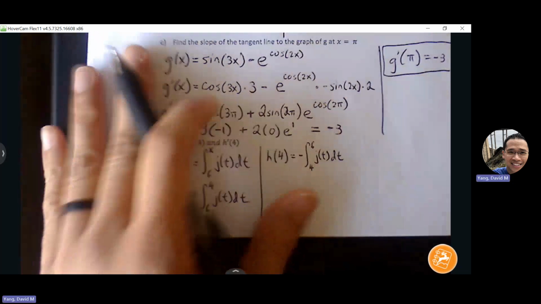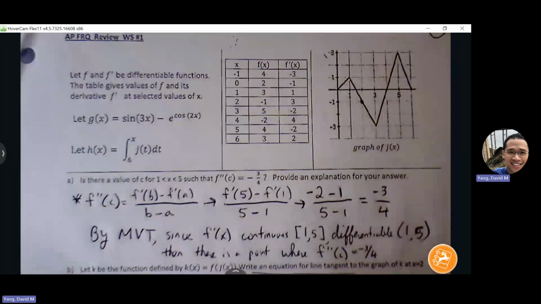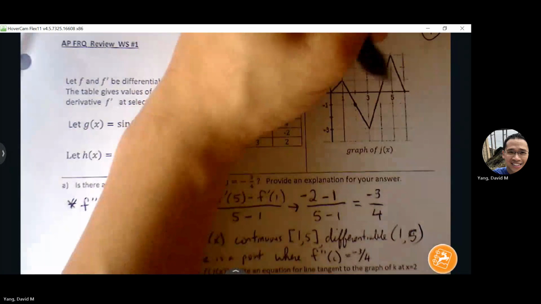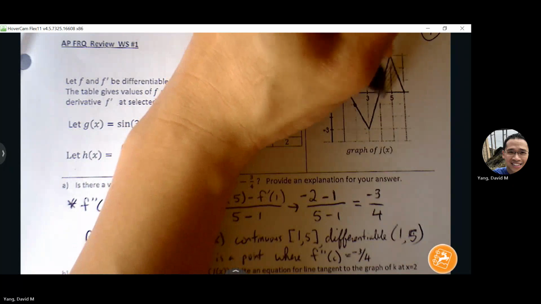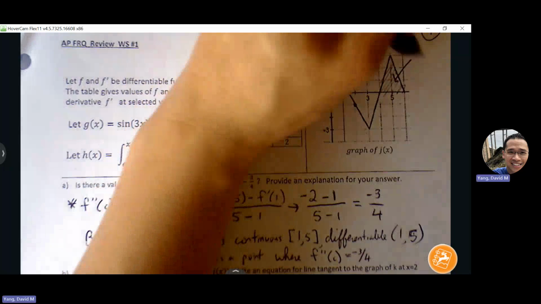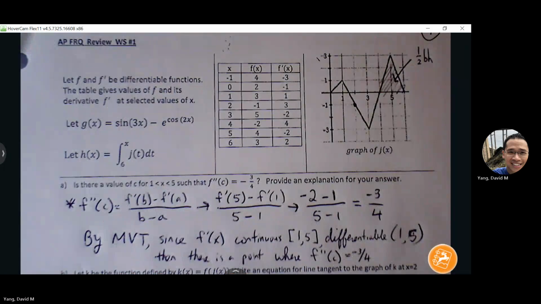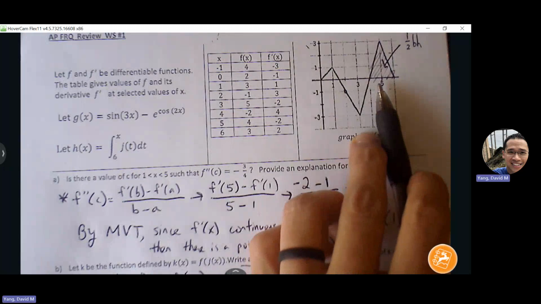Okay, so from 4 to 6, let's see what that looks like. What's the area of this triangle here? Okay, 1/2 base times height.